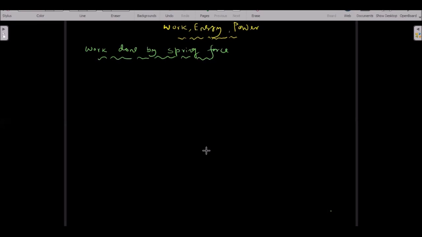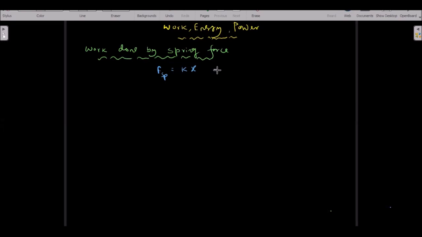So let us see what is the nature and what is the value of work done by spring force. First, before going to the technical analysis, I will just calculate the work done once. I will not talk about whether it is positive or negative work, simply the magnitude. We all know that F spring is equal to Kx, so it's a variable force.